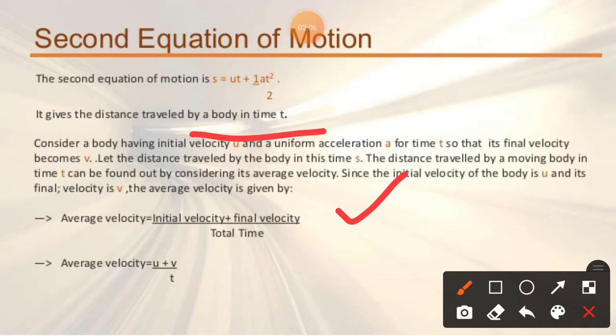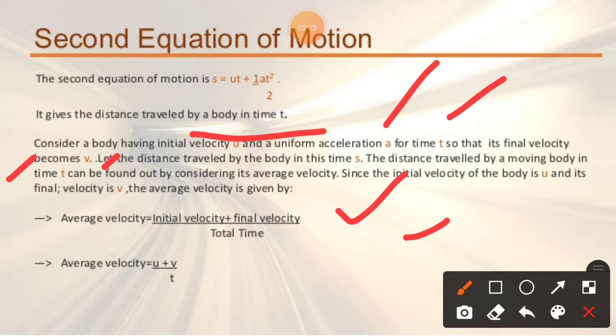Consider a body having initial velocity u and uniform acceleration a for time t, so that its final velocity becomes v. Let the distance traveled by the body in this time be s. The distance traveled by a moving body in time t can be found using average velocity.